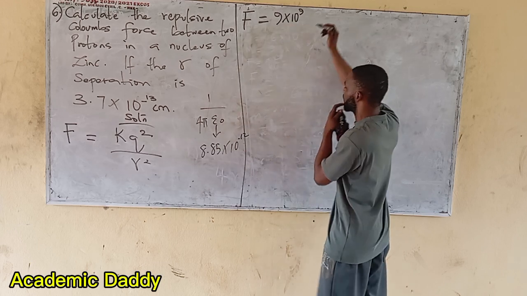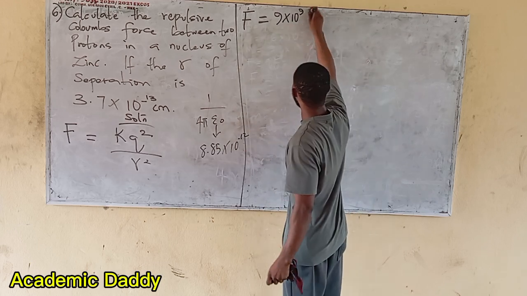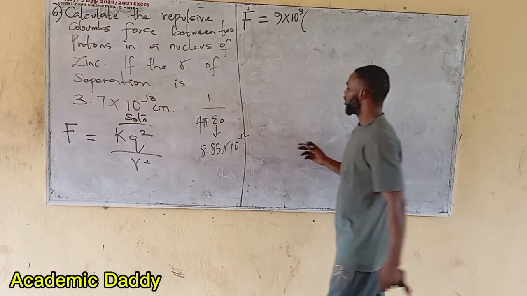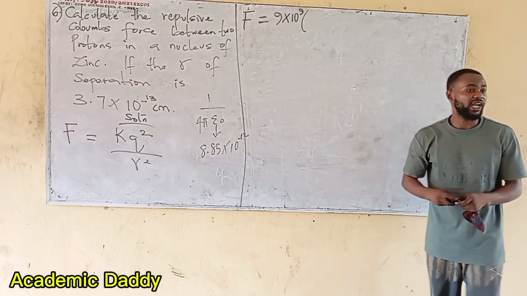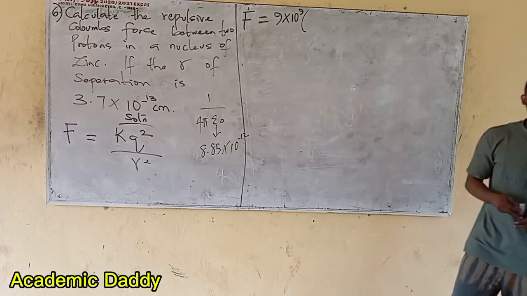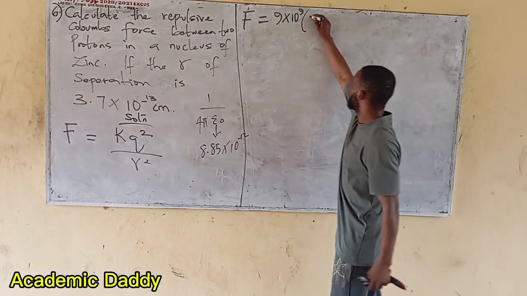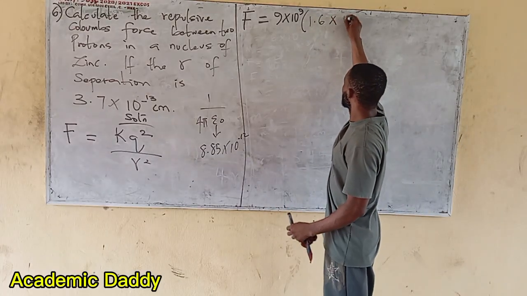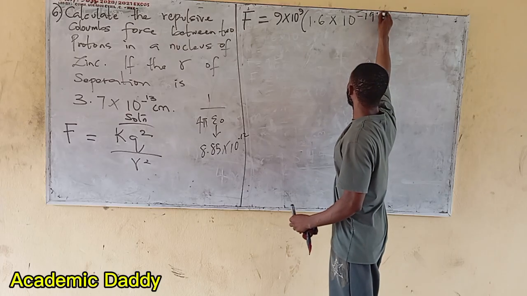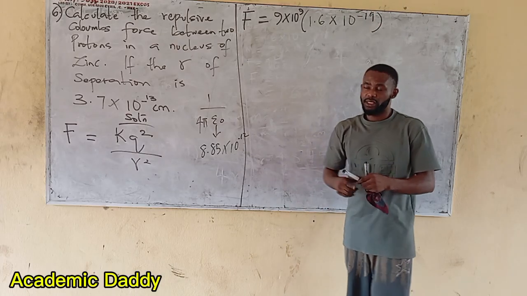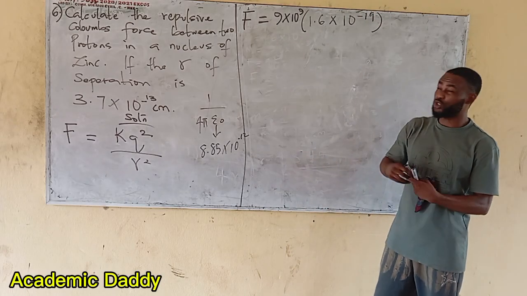Yes. So I now have Q squared. The charge of a proton is the same as the charge of an electron, which is 1.6 times 10 to the power minus 19. Now, between electron and proton, which one travels faster?